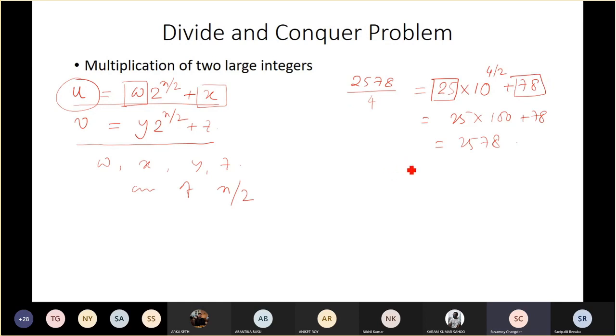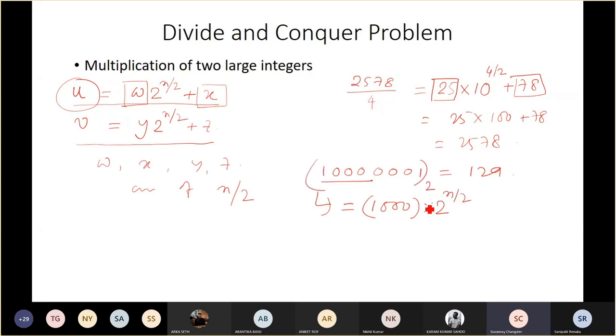Similarly, if we consider a binary number, let 1000001 be equal to 129. So let us check for this. We can represent this as W, meaning 100, into 2 to the power n by 2.